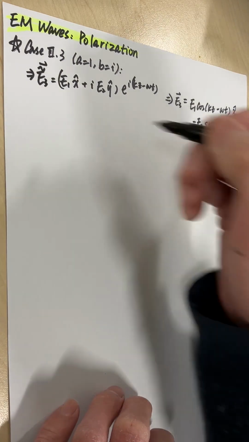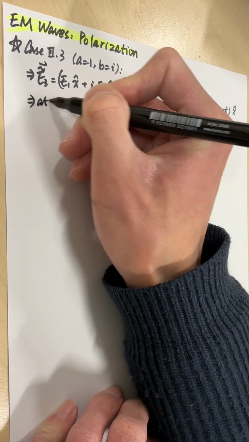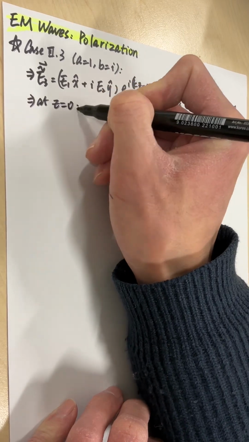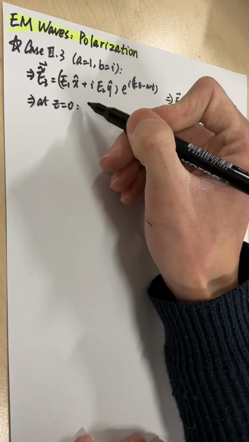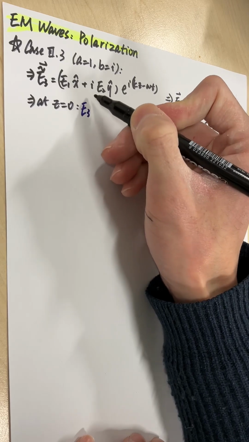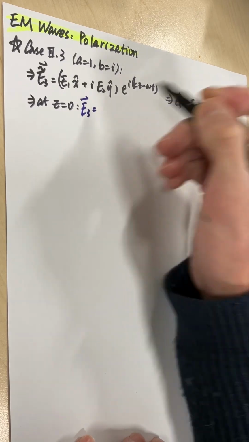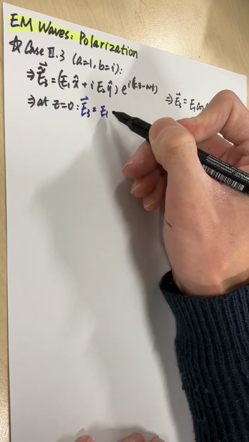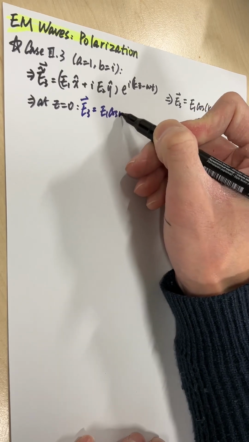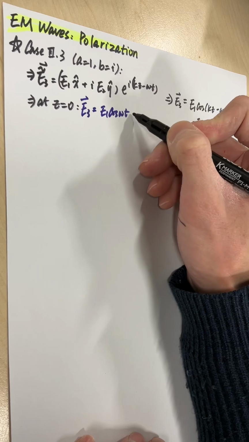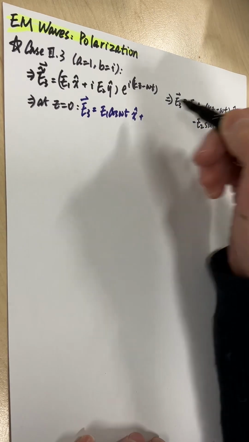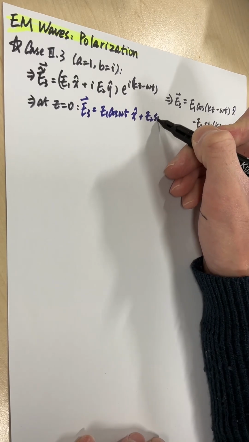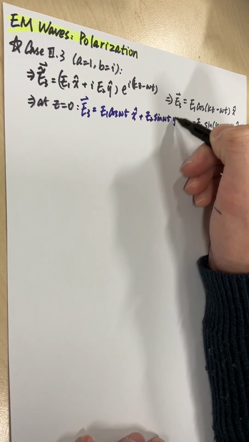Okay, so now at z equal to 0, what happens? We have E3 equals E1 cosine omega t x direction plus E2 sine omega t y direction.